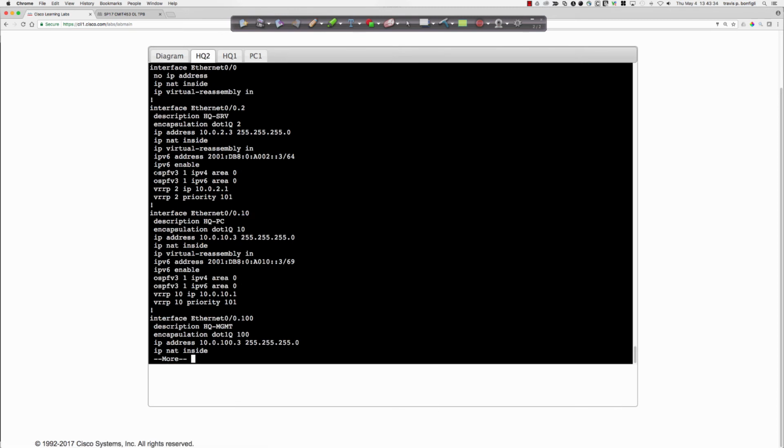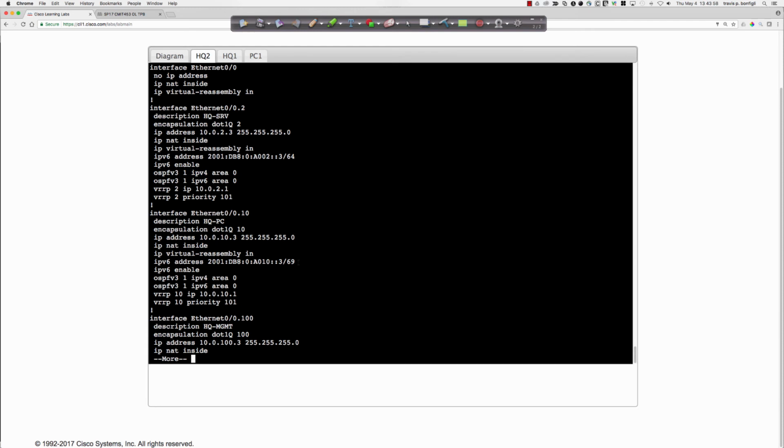We're missing these commands on all of those interfaces. Now, that's IPv4, and that's not causing the problem we're having here. So there's no IPv6 ACL on here that's blocking the neighbor discovery protocol.